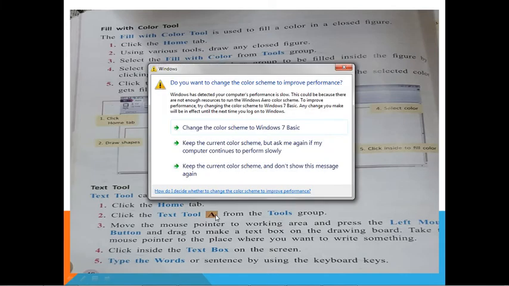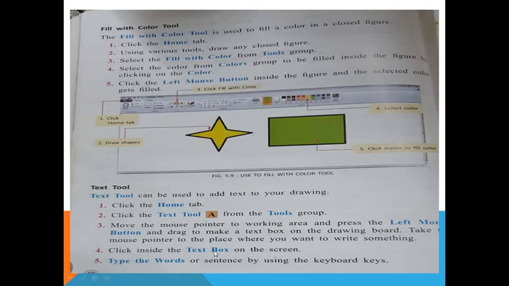That is called the text. Click inside the text box on the screen. Type the word or sentence by using the keyboard. Please draw each and everything, and then do one more thing: when you use the text tool, write your name, like drawing by XYZ.